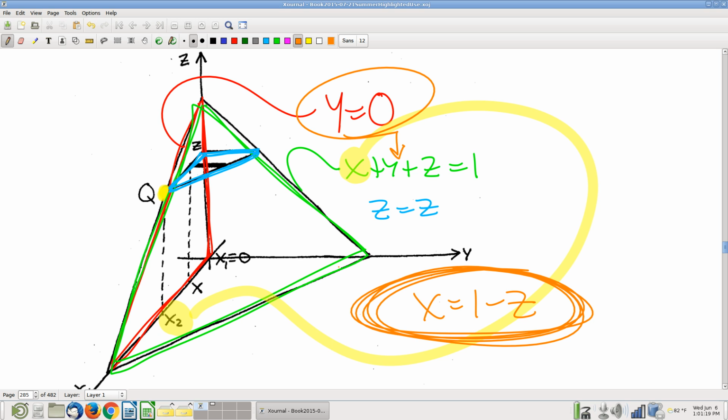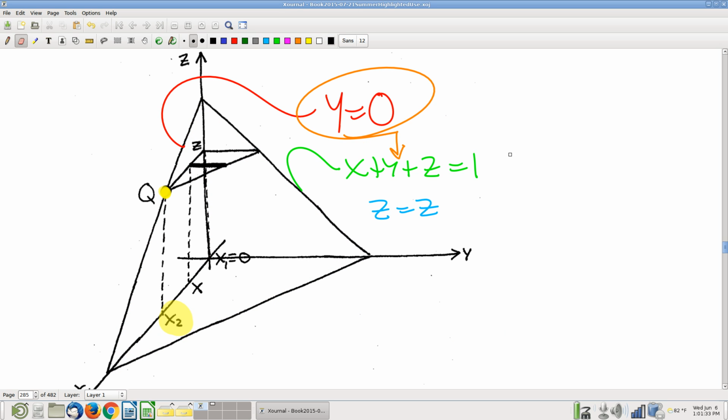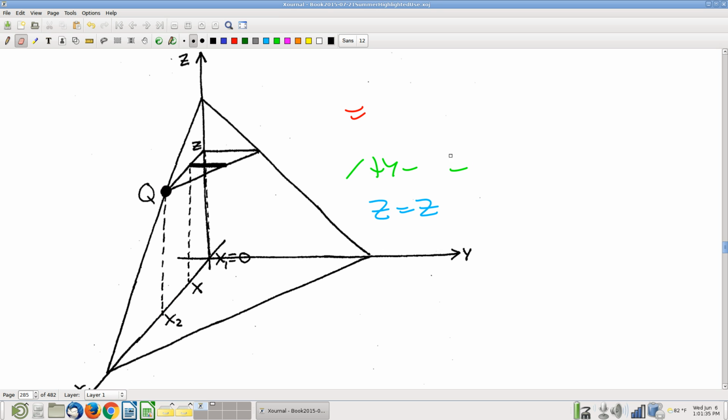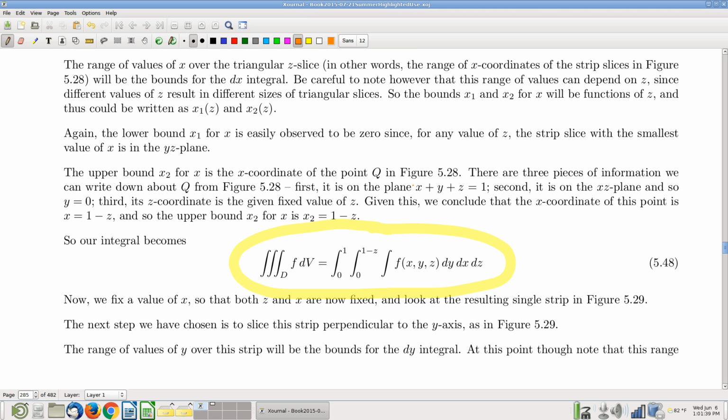Again, if you were to say that the x bound is x plus y plus z, or x plus y plus z minus 1, that doesn't make any sense. Okay, so 1 minus z. So x goes from 0 to 1 minus z.